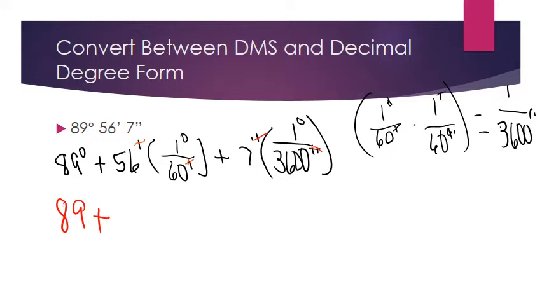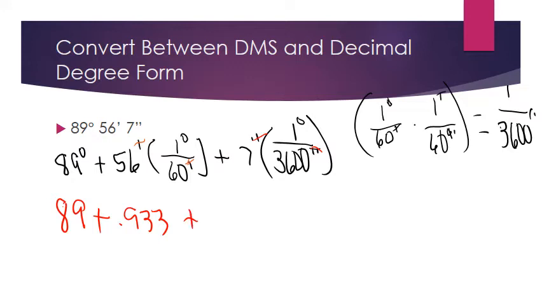56 times 1 over 60, which is the same as just dividing 56 by 60. So that gives me 0.933 repeating. So we're going to put 0.933. And finish this off.